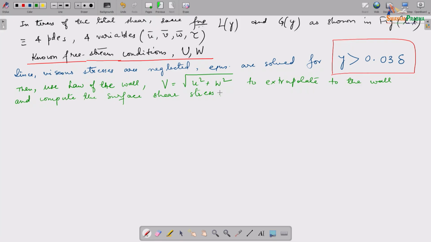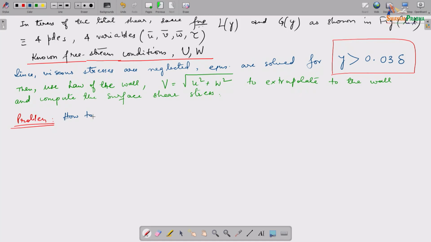We'll again come up with a problem. So now, what's the new issue with that? It seems nicely formulated and everything, but no, we do have a problem here. What do you think? We use the law of the wall to extrapolate to the wall and then compute the shear stress. Now the point is, what is the direction of the shear stress? Which way? I need to know that.